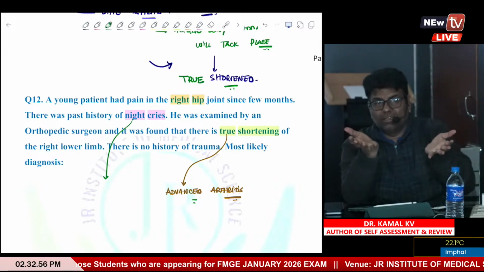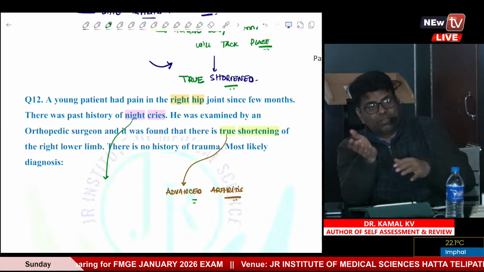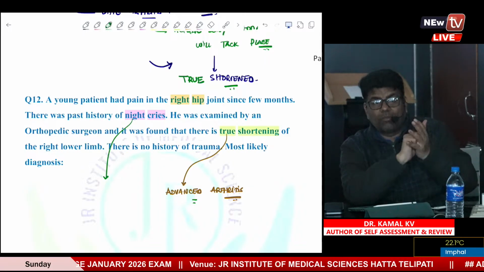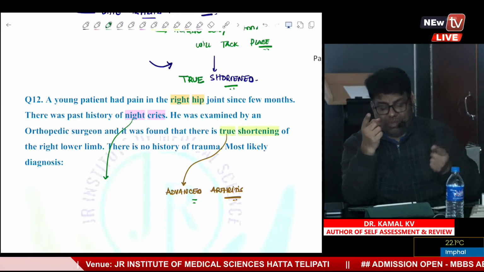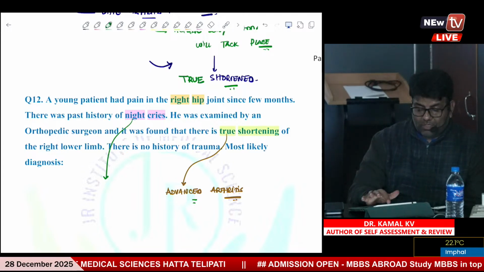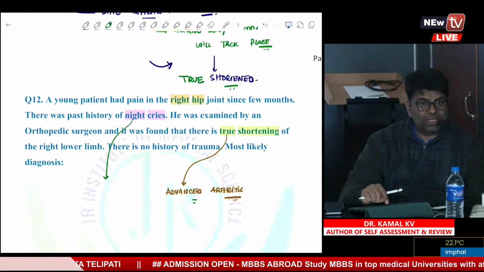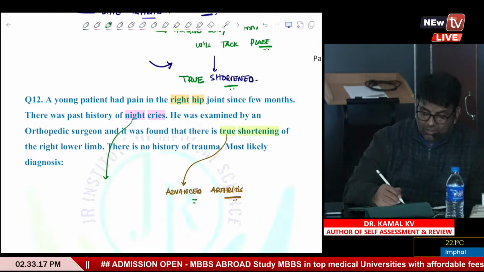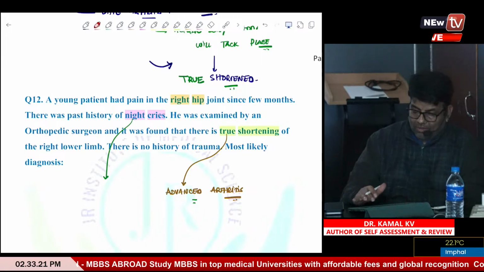The muscles relax, and the moment the patient takes a turn, the bony ends will rub against each other, and that will produce very severe pain. So maybe around 2 a.m. or 3 a.m. the patient will start crying and wake up. That is just because of muscle relaxation, and if we turn to one side, the other side, there will be movement, and that is extremely painful.